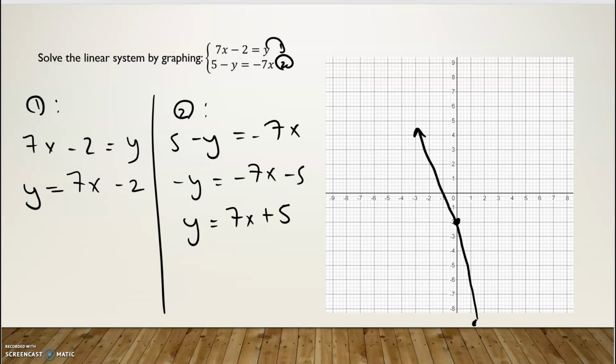So now our intercept is 5. We need to go up 7, so 1, 2, 3, 4, 5, 6, 7 over 1. Okay, so draw those. Let me try to draw this one a little bit straighter here.